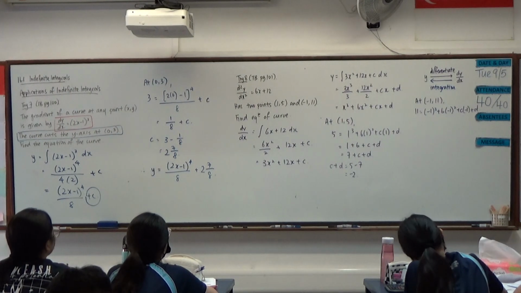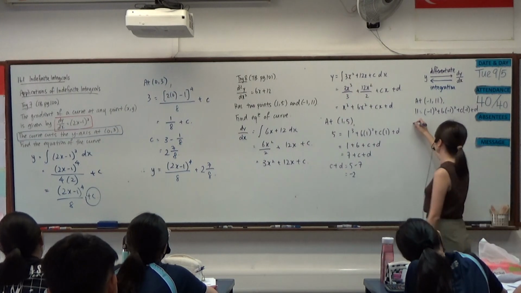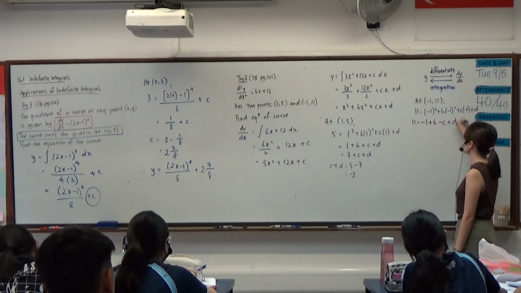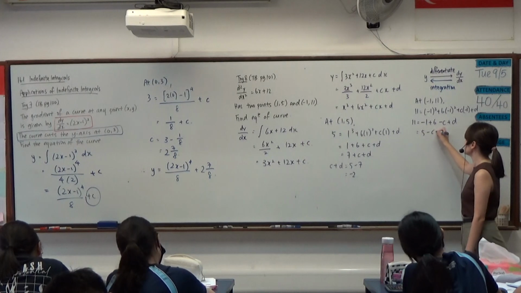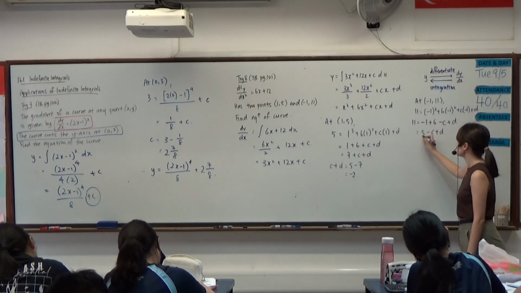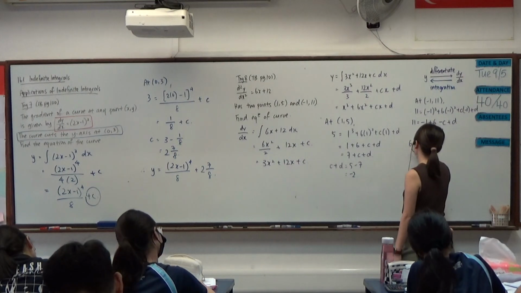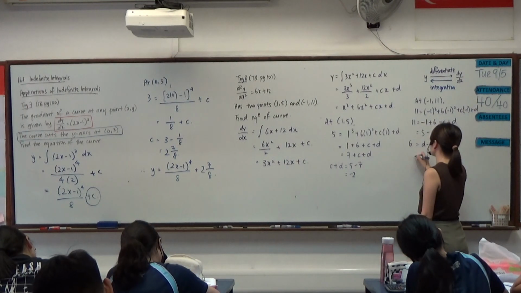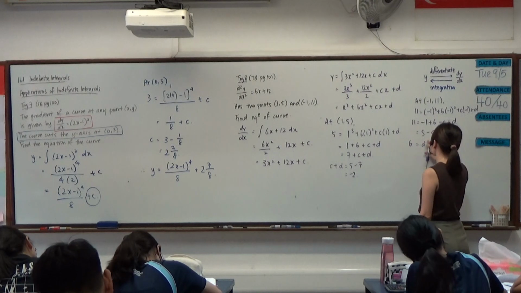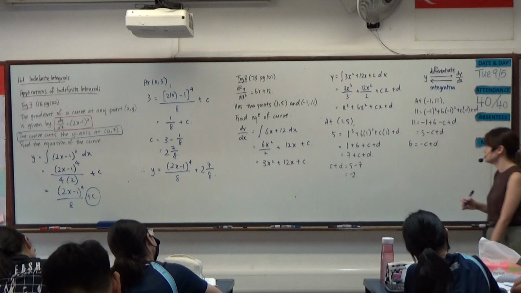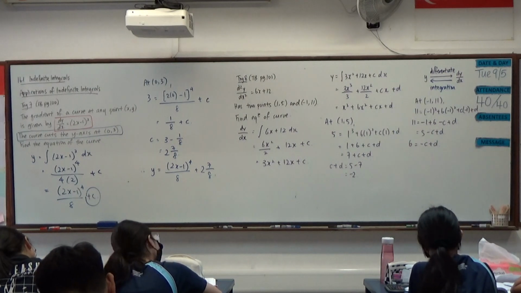We do the same thing for the second point. Here we get 6 equals negative c plus d.